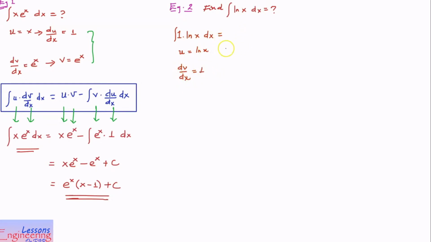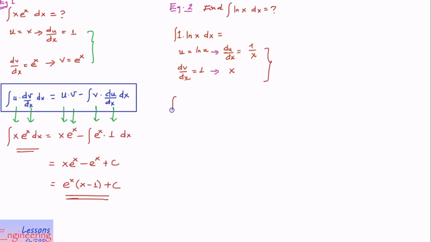So what is du by dx? This is 1 over x. To find v, find a function that when you integrate it will give you 1. This is easy, this is x. So now let's substitute those known variables into our integration by parts formula.